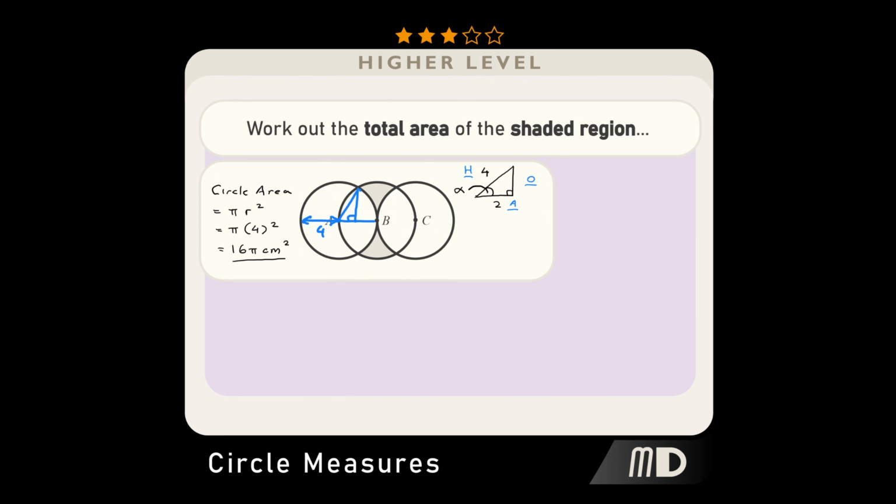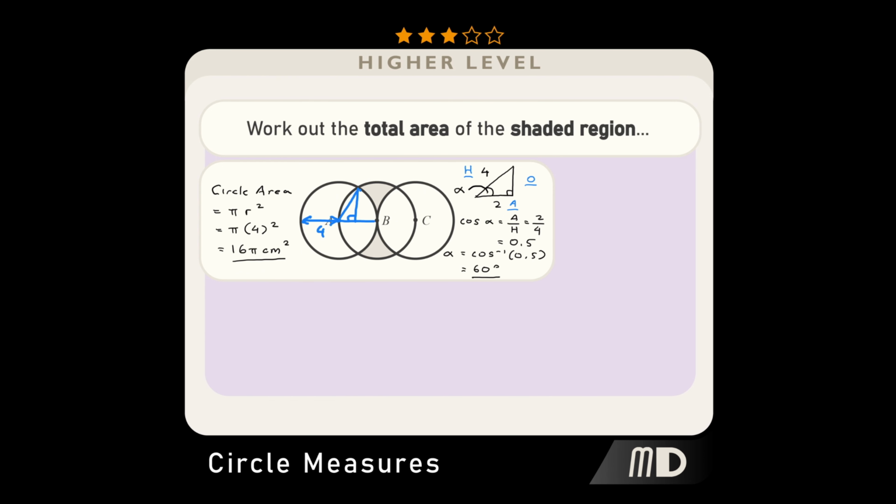So, the cosine of alpha is equal to the adjacent side divided by the hypotenuse, which is 2 divided by 4, or 0.5, giving us a value of alpha equal to the inverse cosine of 0.5, which is 60 degrees.